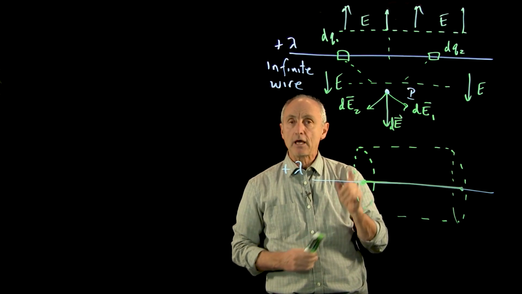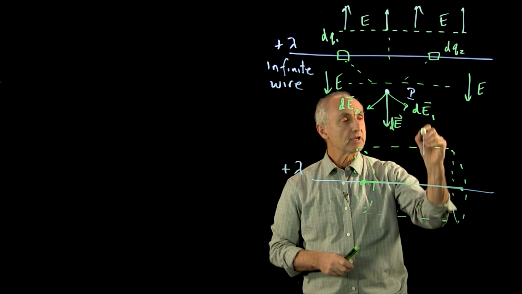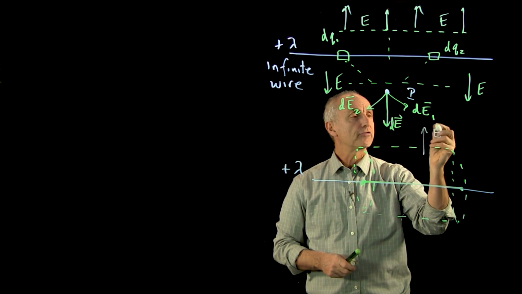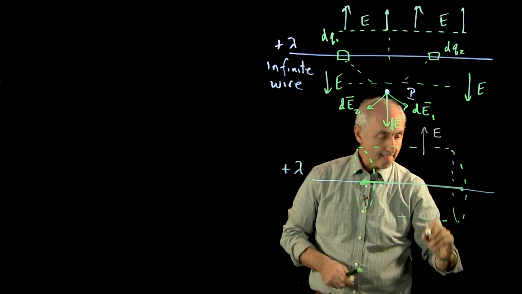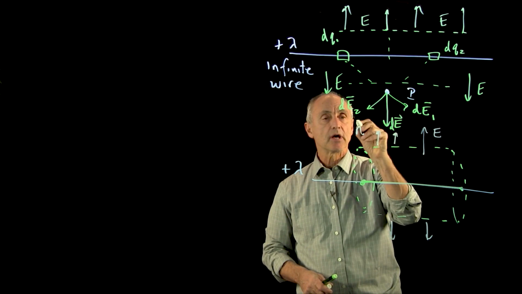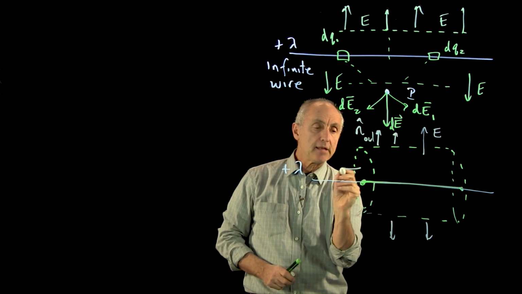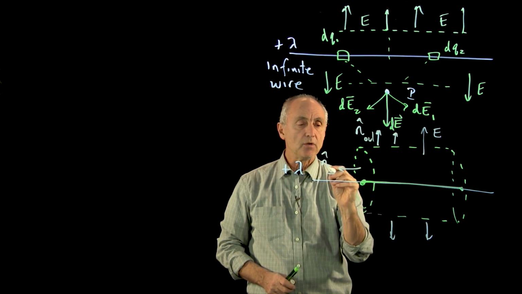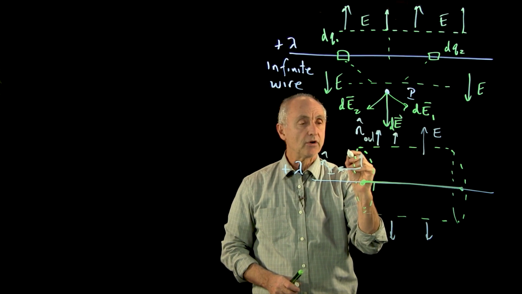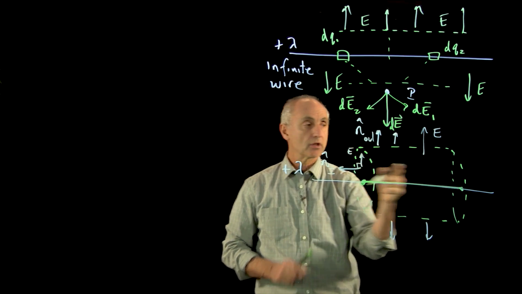Now, unlike the planar geometry, because the E field is pointing away from the wire, there's only going to be flux on the body of the cylinder. On the end sides, the electric field is tangent to the surface, so there's no flux through the end caps.